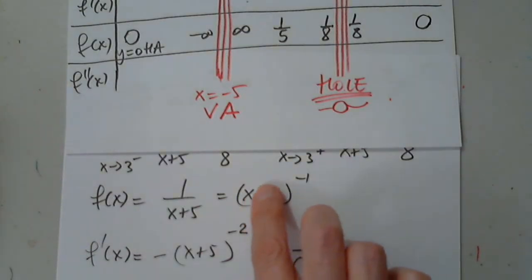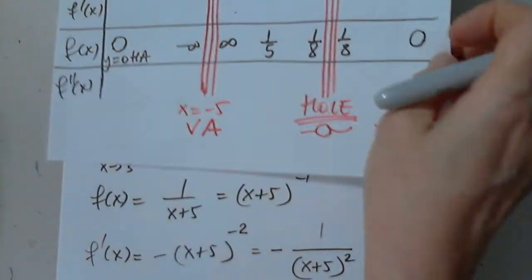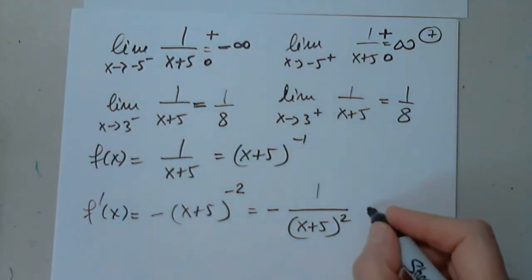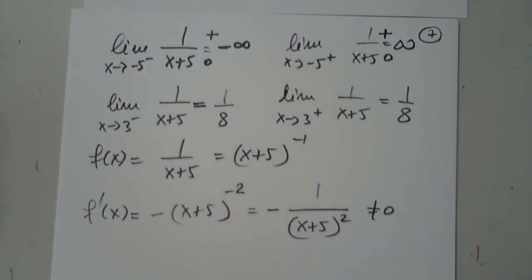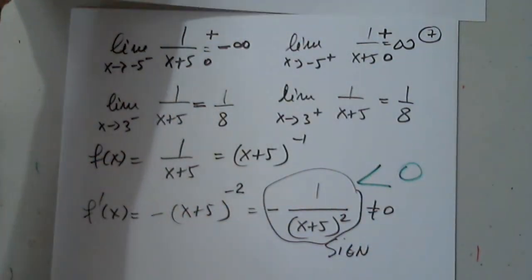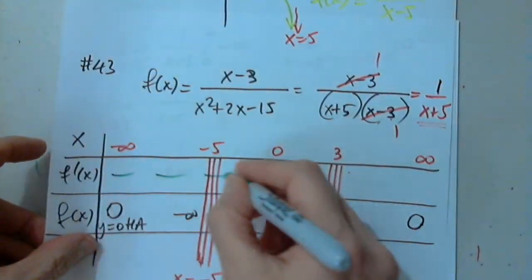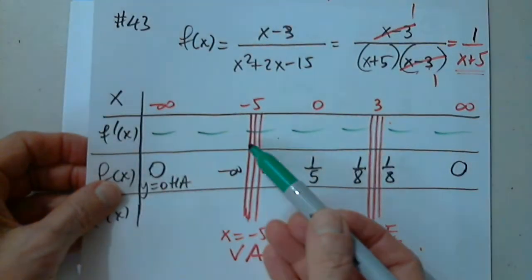When we differentiate x plus 5, what do we get? 1. That's it. Can anyone look at this function and realize that it's never 0, never undefined, because it's undefined where the function is undefined, and give us the sign of this expression? Negative. Always negative. Good. So then the function is always decreasing.